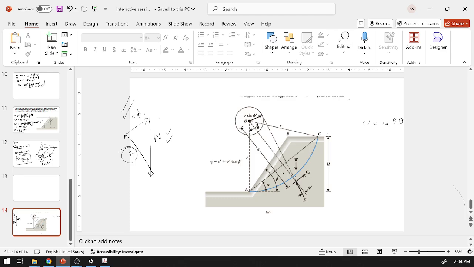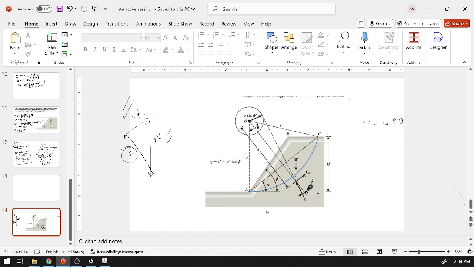If we assume that full friction is mobilized, the line of action of F will make an angle phi with the normal to the arc. So if we take the normal to the arc here, this will be phi. Now we can calculate phi, and from phi we can know how much friction has been mobilized.